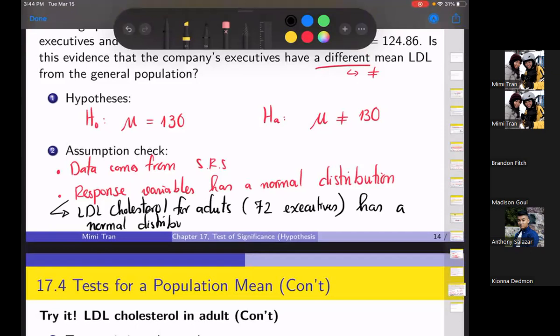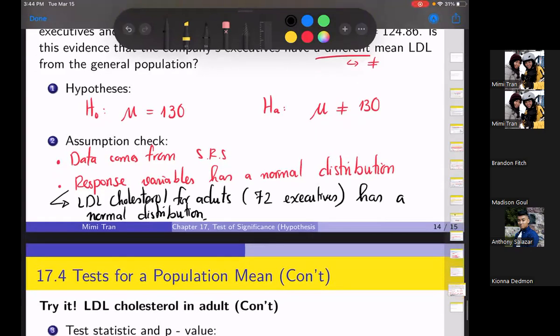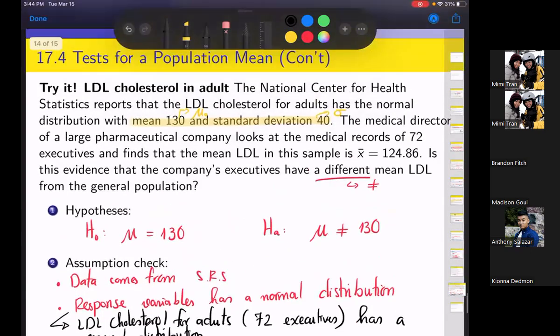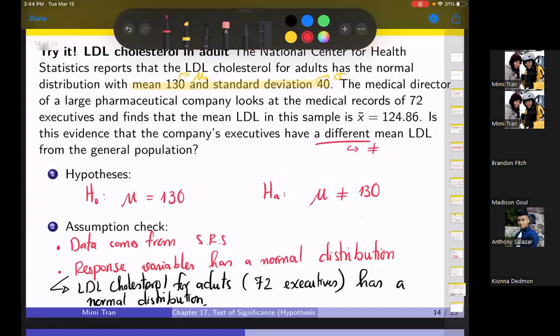Now, it did not mention that the 72 executives' LDL cholesterol has a normal distribution, and I don't have data points to graph it. How do I know this is true? The first assumption on the exam I'm just going to give to you for free: always say data come from SRS.